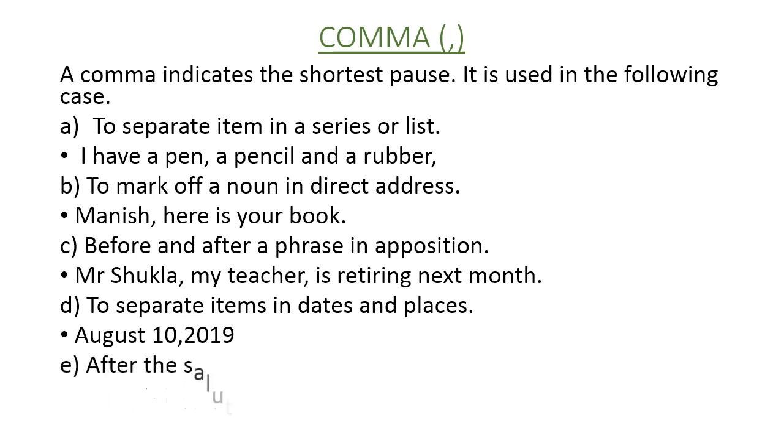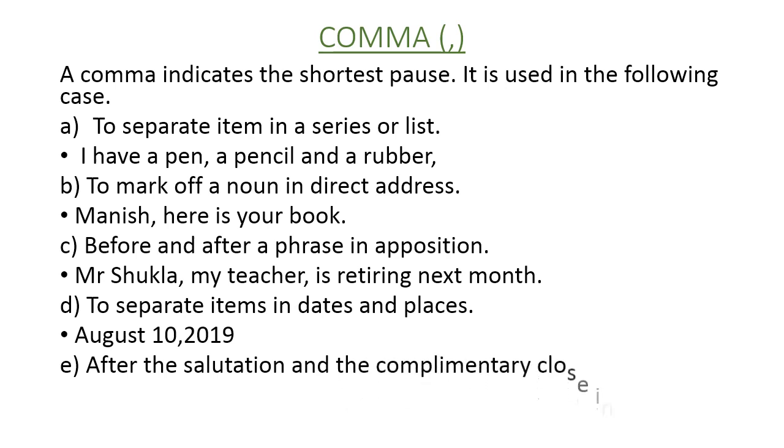Next, after the salutation and the complimentary clause in a letter. Whenever we are writing the salutation or a complimentary clause like from your best friend or yours faithfully, so we put a comma, that is a complimentary clause in a letter. Example, dear grandmother, comma.